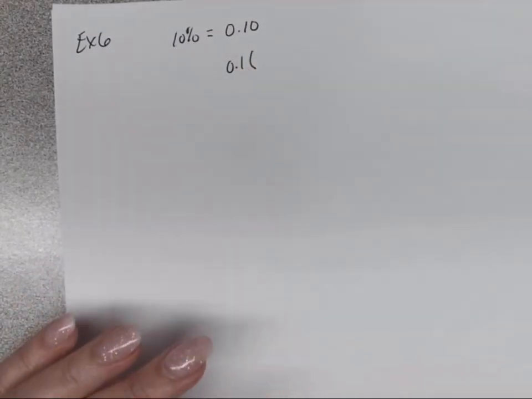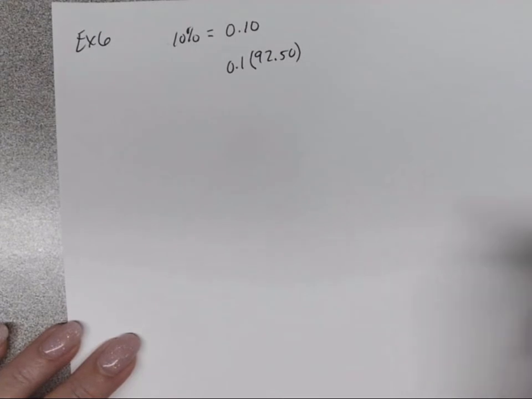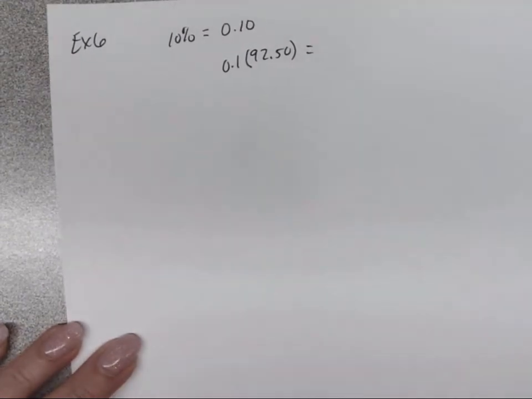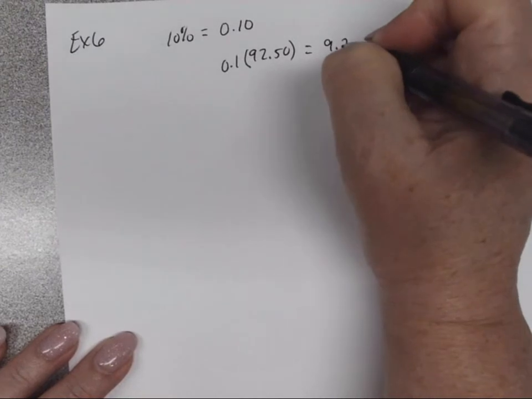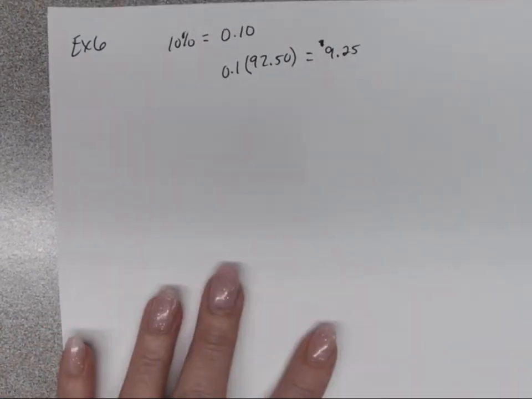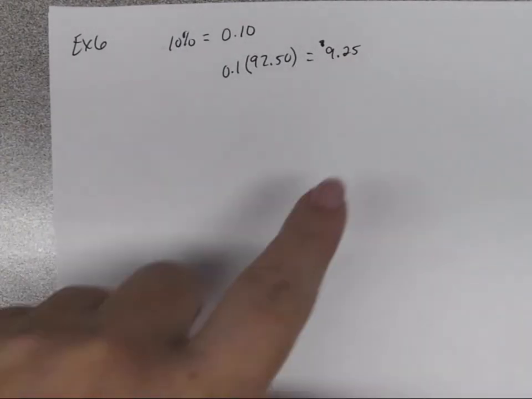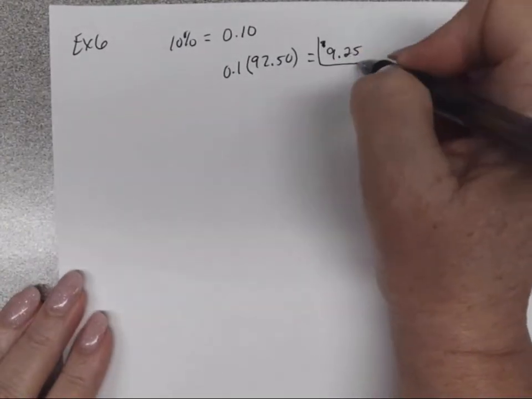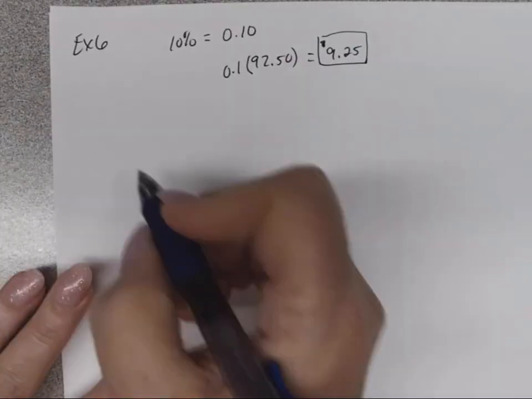And then we have to multiply it times our total of 92.50. And when we do that, we will get $9.25. And it's money, so we can put a dollar sign on it. So that's how much the shipping will be, $9.25. All right, let's go look at example 7.